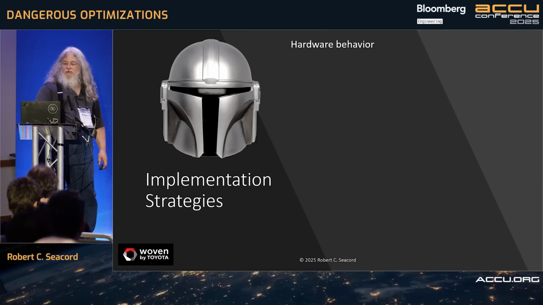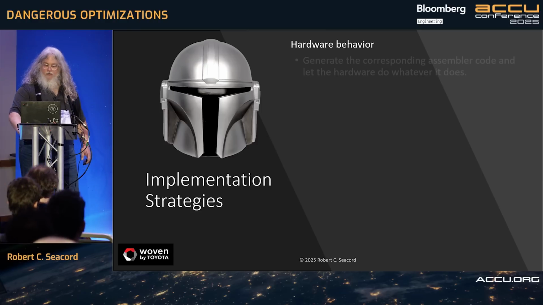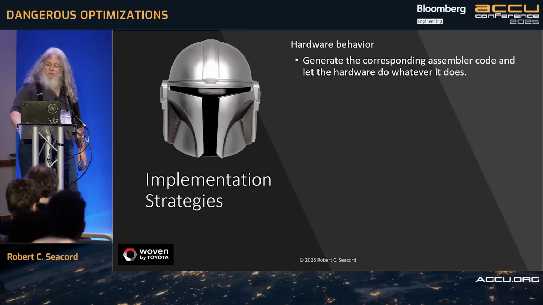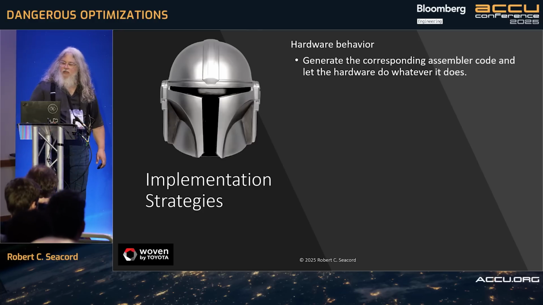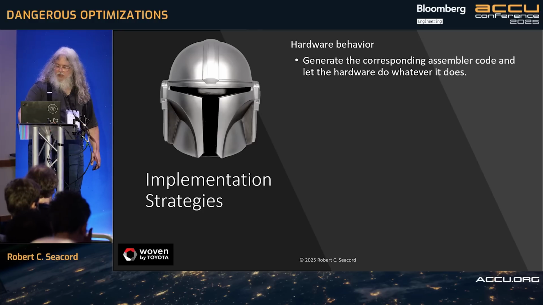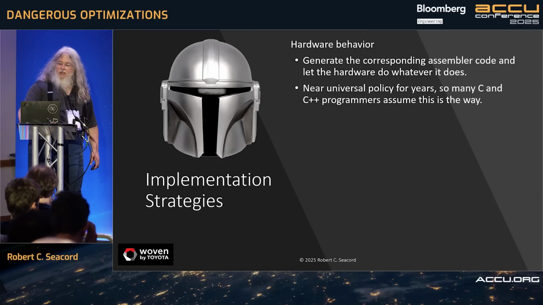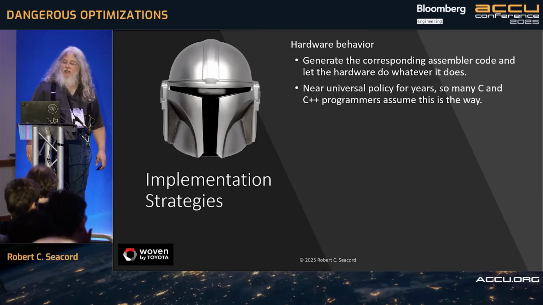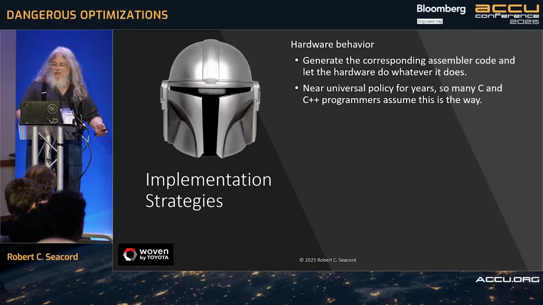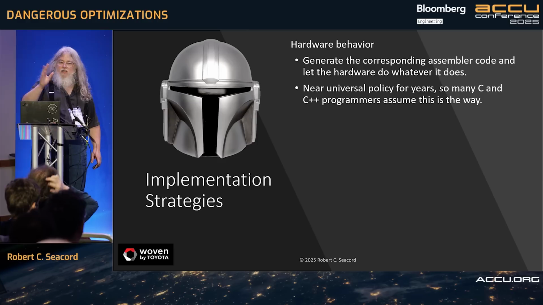So there are several implementation strategies. The first is the hardware behavior. Here, your compiler just generates the assembly code, and the assembly code does whatever it does. This has been a near universal policy for years. Many C and C++ programmers assume this is the way, and that's why the Mandalorian helmet is there. The old people in the room, this is what we grew up with.